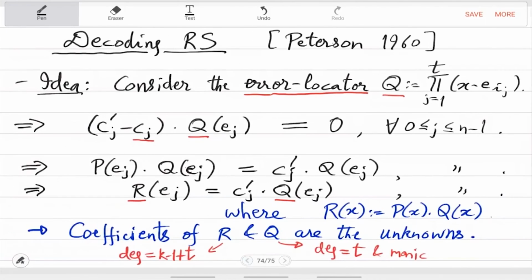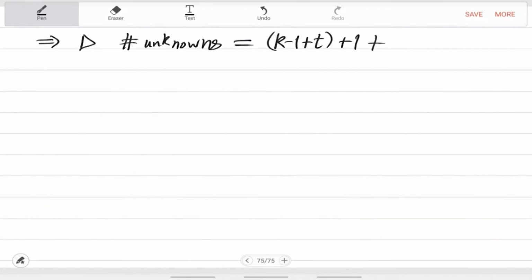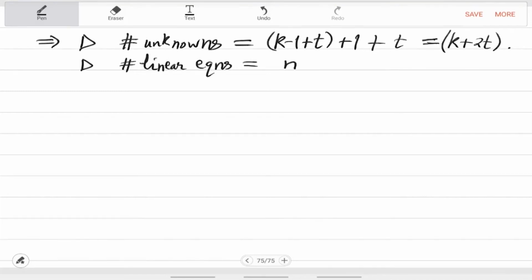And for Q you get exactly T. So that is K plus 2T. That is the number of unknowns. And the number of equations is n, small n.